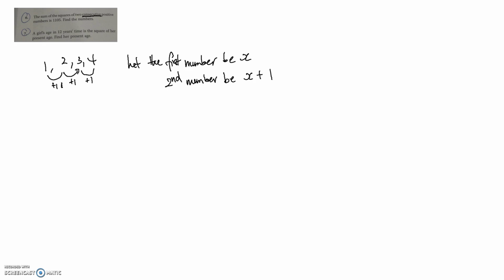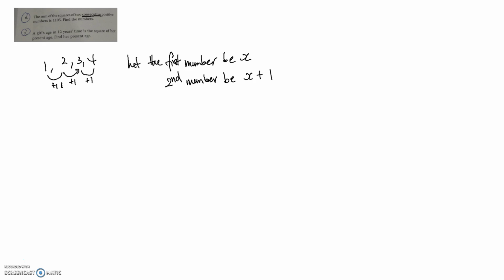If x equals 1, the second number is 1 plus 1, which is 2. If x is 2, the second number is 2 plus 1, which is 3. This gives us a good algebraic representation of consecutive numbers.